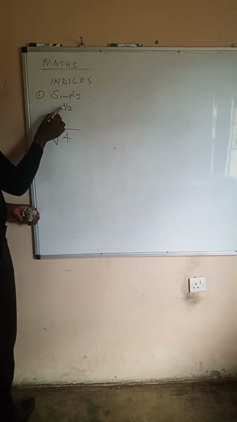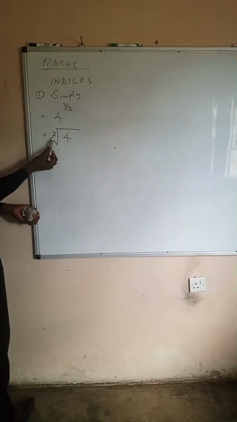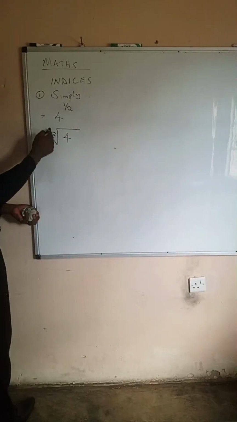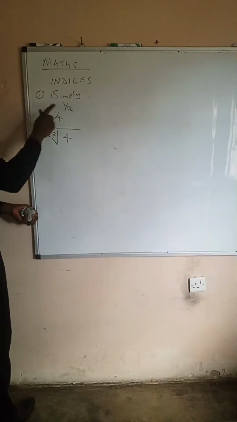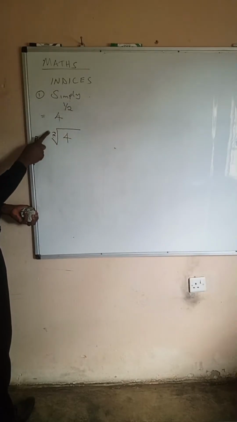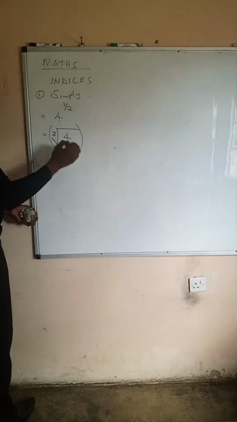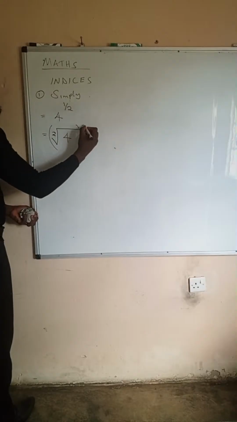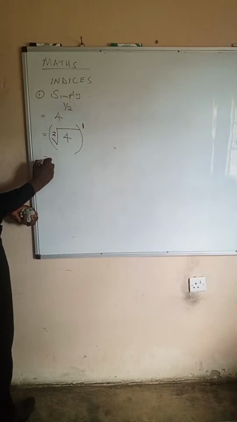The denominator in the power, which is 2, you always put in front of the square root, and the base number you put inside the square root. Then you put brackets, and the number on top, the numerator, you put on top of the brackets.